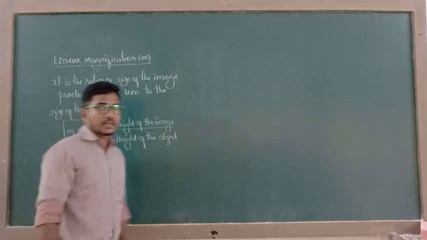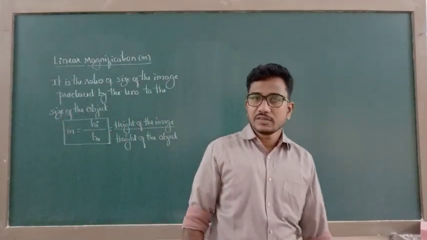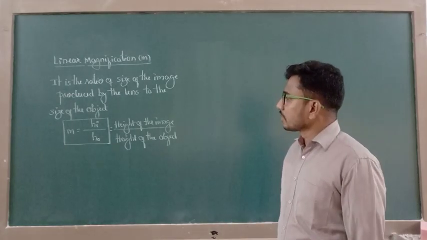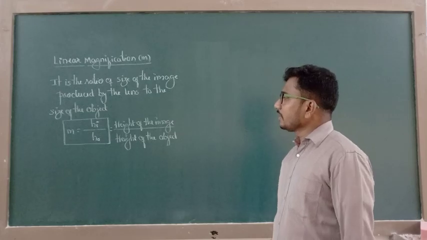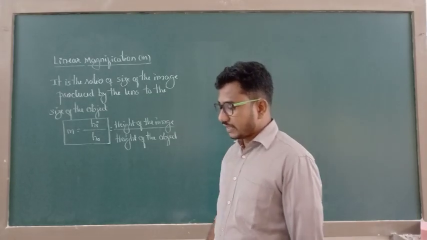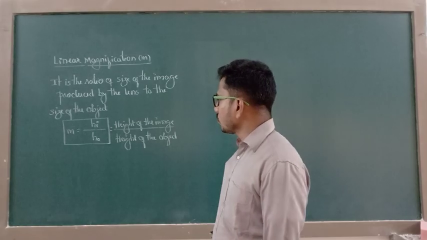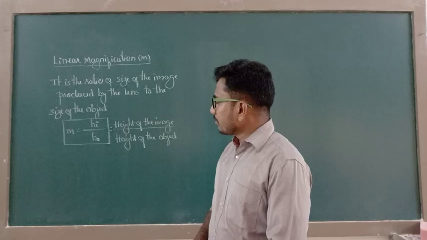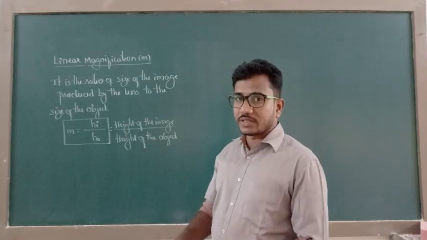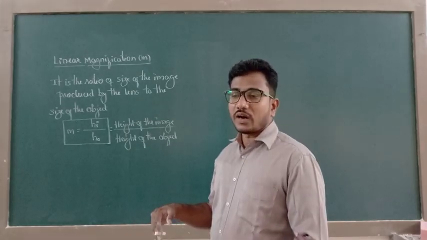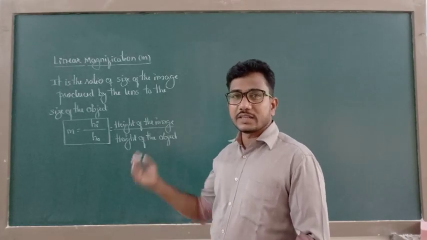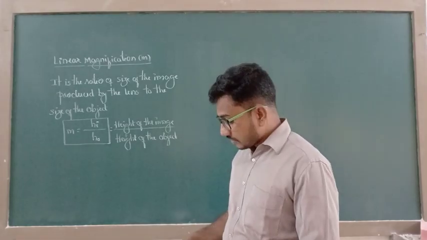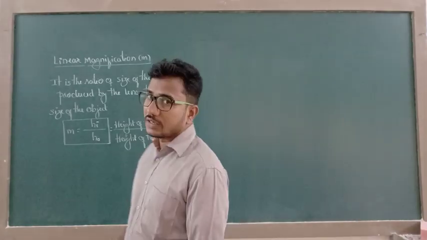We can also represent linear magnification in terms of object distance and image distance. We know the thin lens formula, 1 by f is equal to 1 by v minus 1 by u. So we can represent linear magnification in terms of v and u, or in terms of f and v, or in terms of f and u, by using the thin lens formula. First, in terms of v and u.